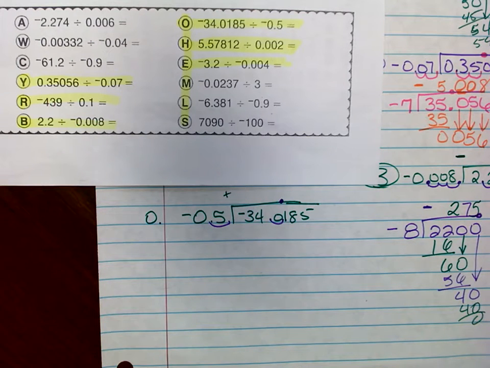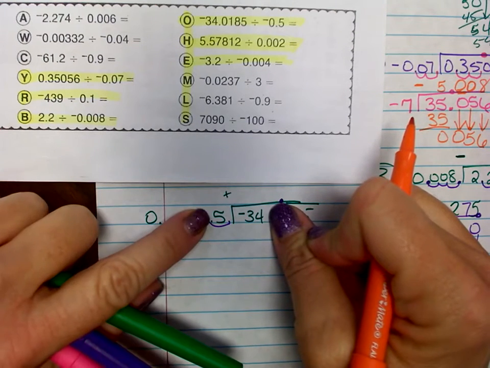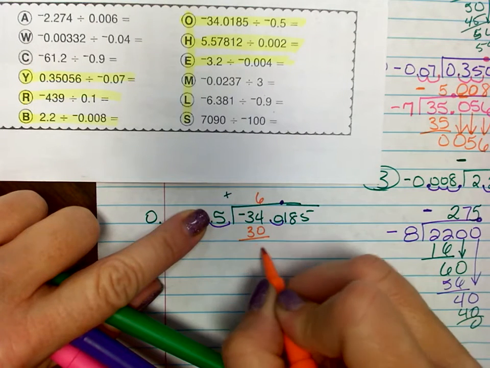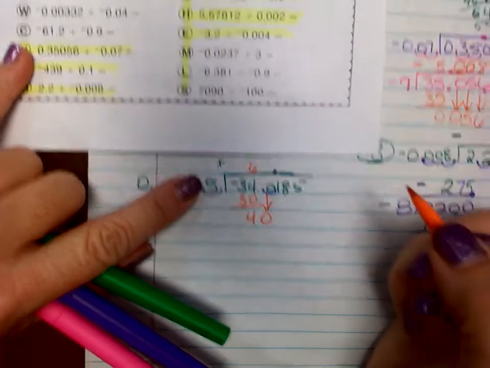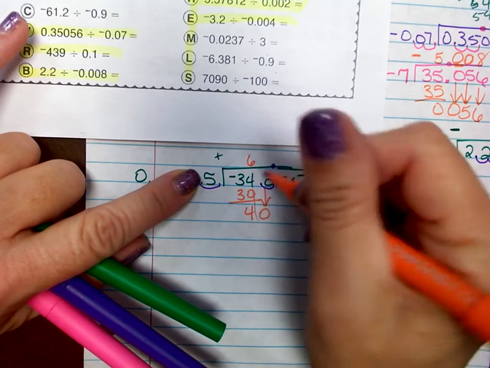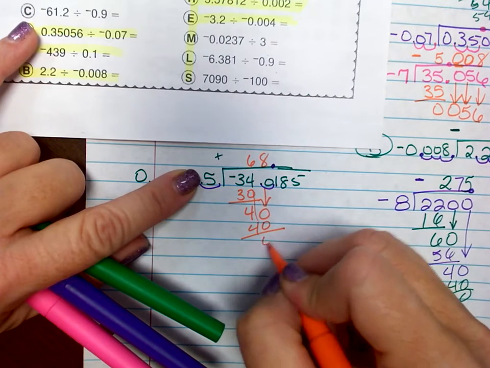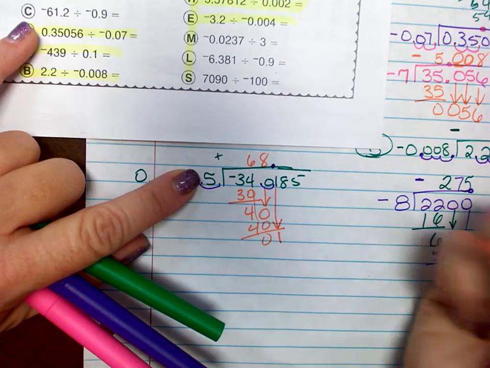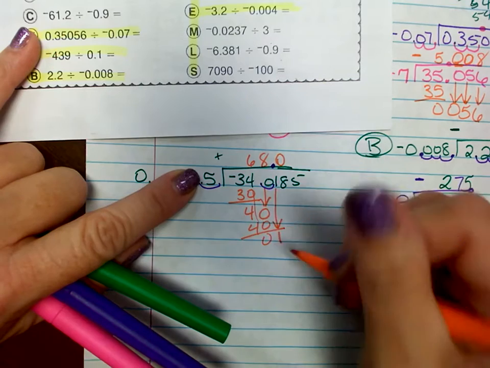So can 5 go into 34? And it can, 6 times. 30, 4 left over, bring down the 0. Okay, 5 goes into 40, 8 times, goes in there exactly. But I have to keep going. I have to bring my 1 down. Can 5 go into 1? 0.